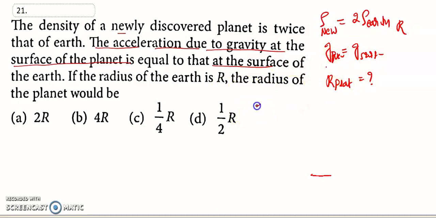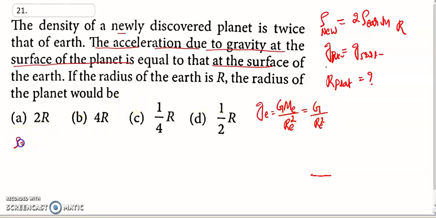We know the formula: the acceleration due to gravity of the Earth is equal to G ME divided by RE square. So what is the mass of Earth? We know that density is equal to mass of Earth divided by volume. Volume is 4 by 3 pi r cube, so mass is 4 by 3 pi r cube into density of Earth.